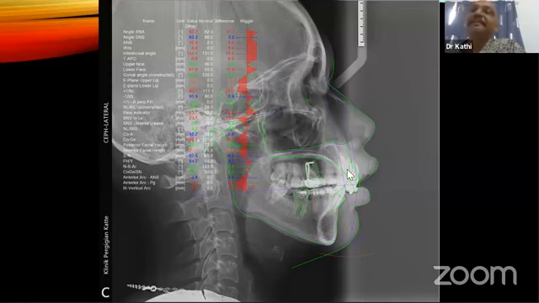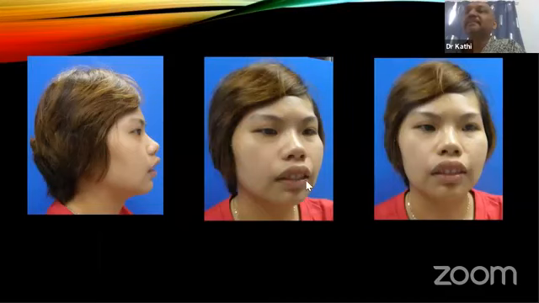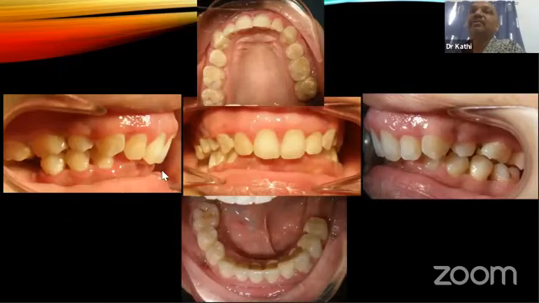Okay, so this is after treatment. See how retroclined the upper incisors are. They still can't close the mouth so well. So see how damaging orthodontic braces can be if you're just thinking about camouflage and getting the teeth to touch up and down.